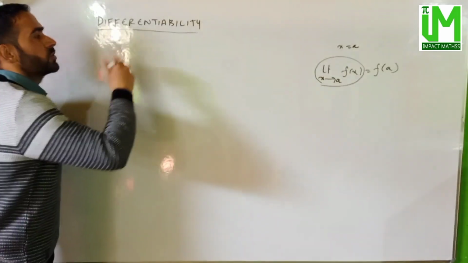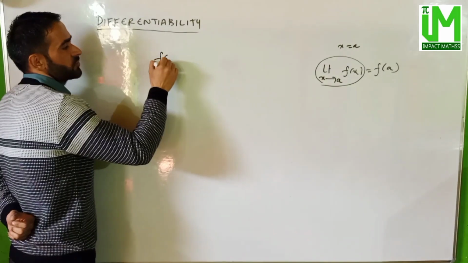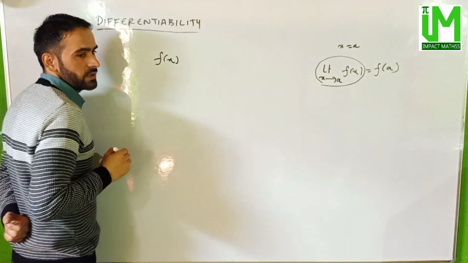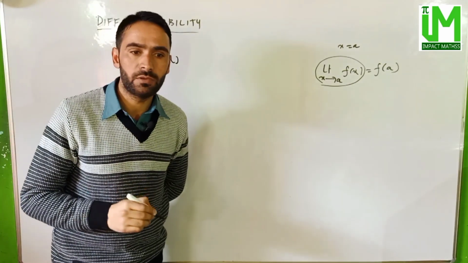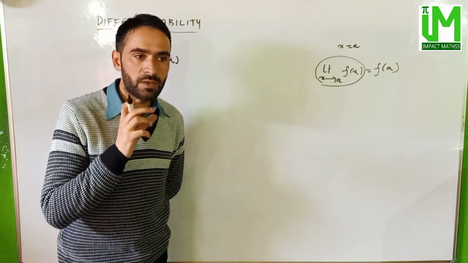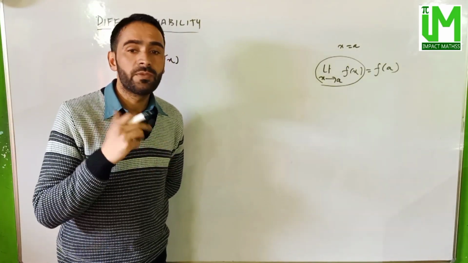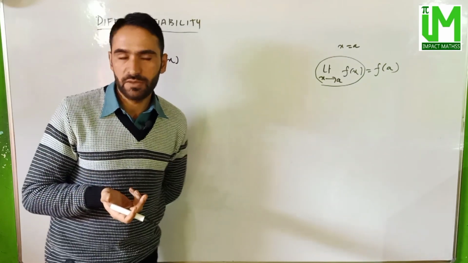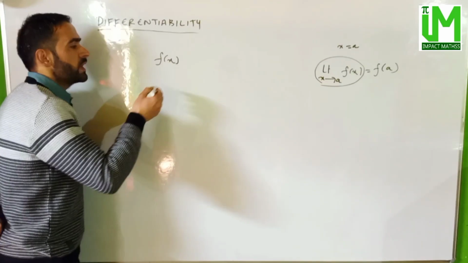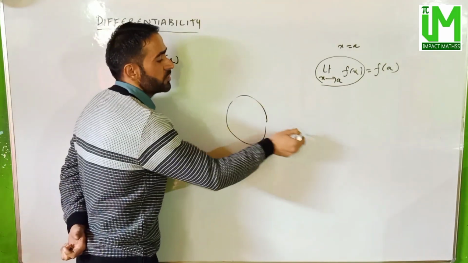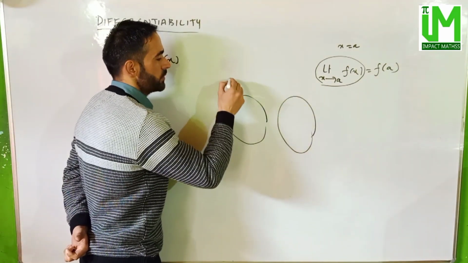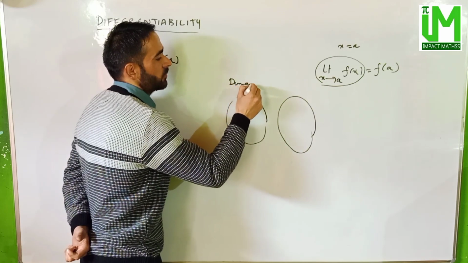So suppose we have a function f of x. Given a function f of x, we have to check whether this function is differentiable at a particular point or not. At that very point, suppose this is any function, we have an association between the domain set and the codomain set.